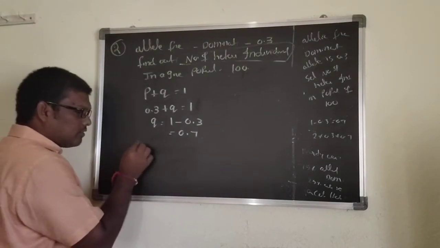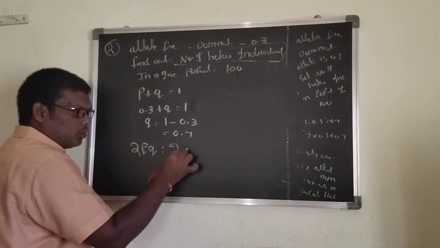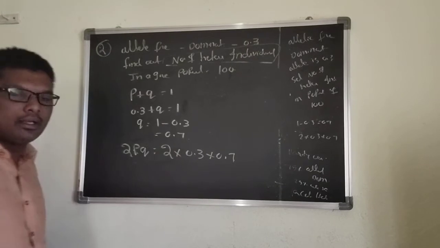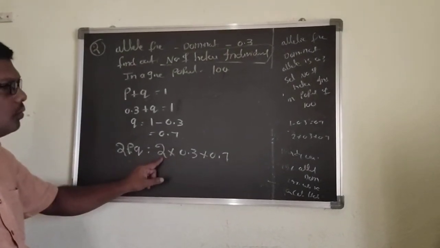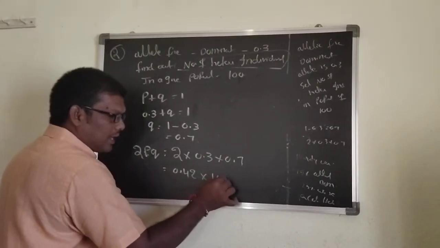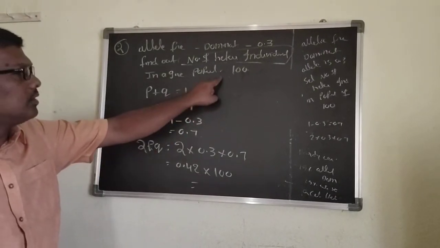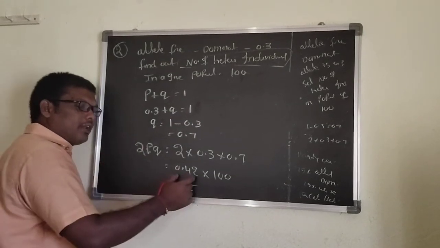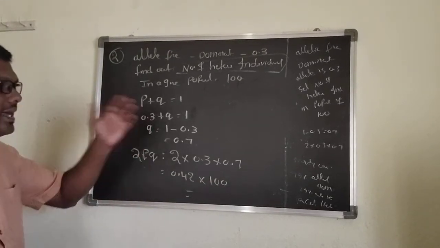The formula is 2pq, that is 2 into 0.3 into 0.7. 7 threes are 21, so 42, that is 0.42, into 100, and you get the answer. Why do I write 100? It is the total number of the population. That is why you calculate the number of individuals: frequency is multiplied with the total number of individuals.